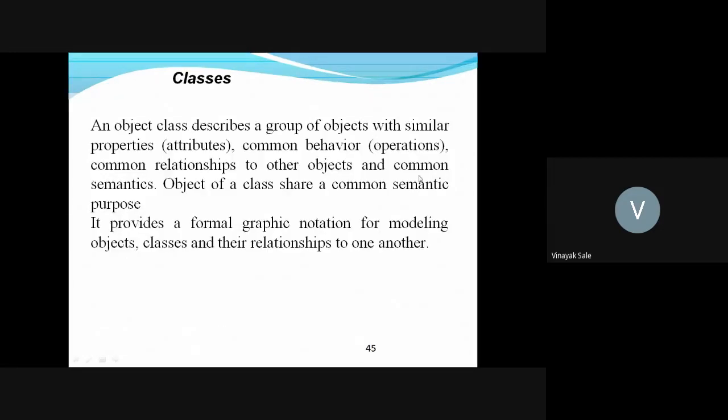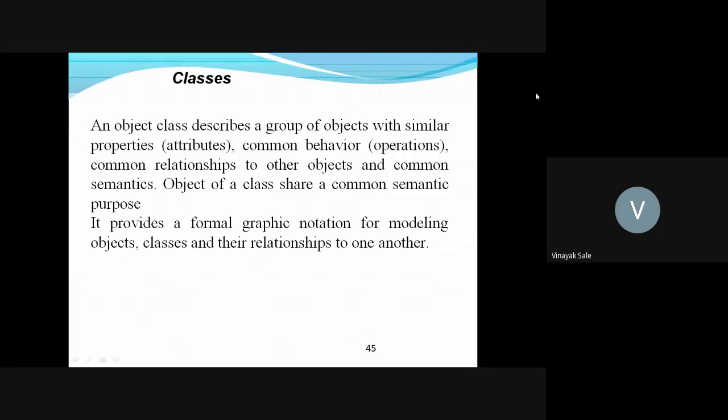Then class. An object class describes a group of objects with similar properties, common behaviors, common relationships to other objects, and common semantics. Objects of a class share a common semantic purpose.